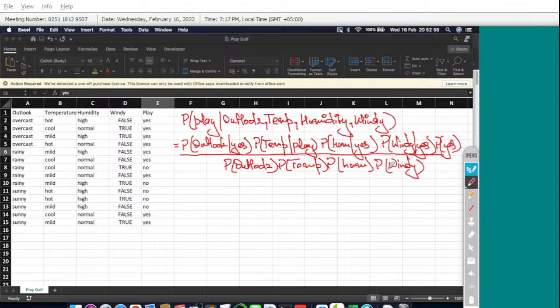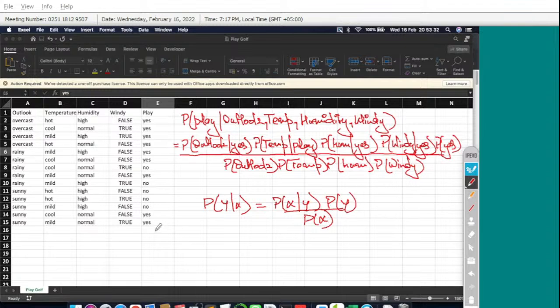Make sense? Actually it is in the same way: the probability of y given x equals the probability of x given y, times the probability of y, divided by the probability of x. Now the x increases here; four conditions have already occurred, so we are using P(x1|y), P(x2|y) and so on, and then P(y) divided by P(x1), P(x2), P(x3) and so on.